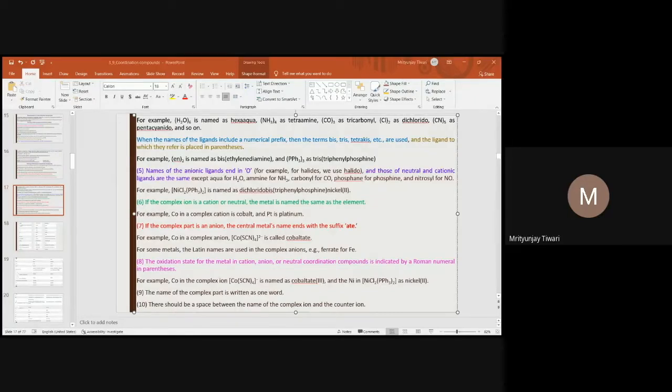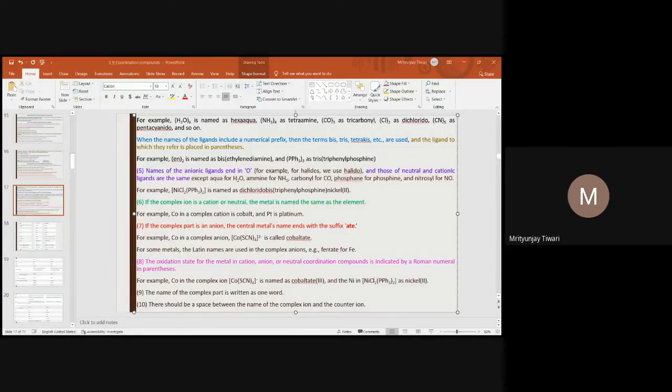It means there are two chlorine ions, and the two chlorine ions must be electrically neutralized by the presence of plus 2 charge on the metal, and so the metal is in plus 2 oxidation state.